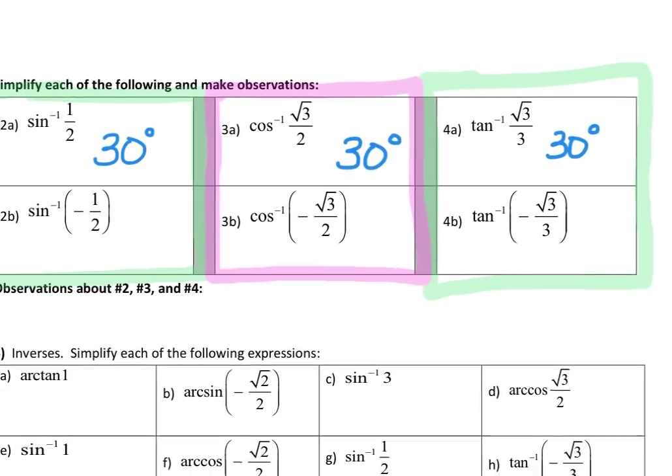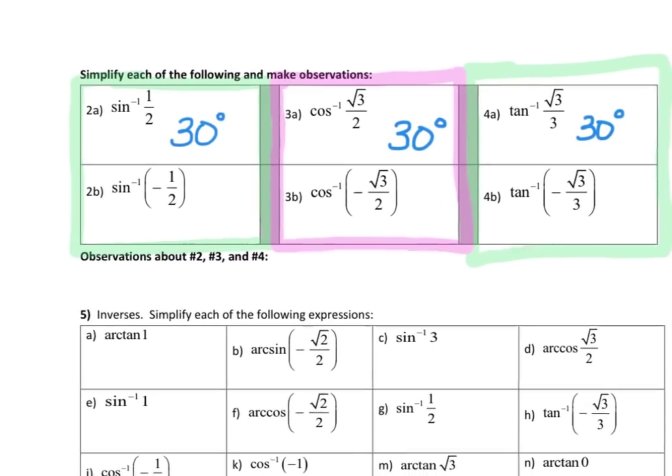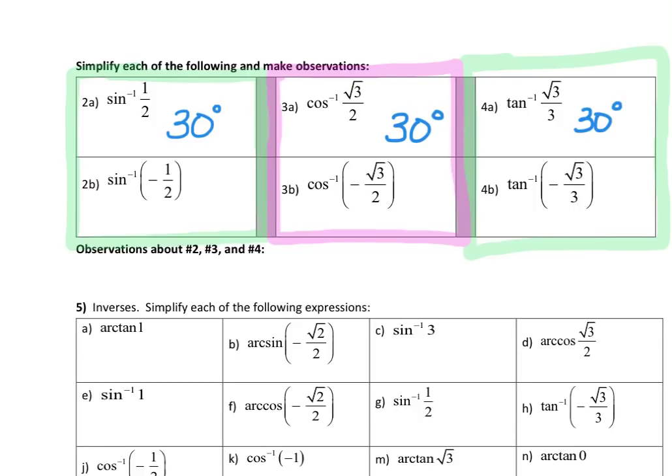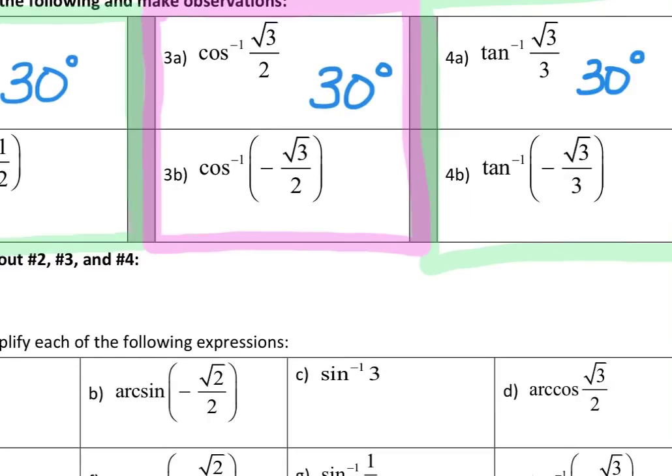All three of those positive inputs give you a first quadrant angle. But now when I look at negative inputs, the inverse sine of a negative input and the inverse tangent of a negative input both give you a fourth quadrant angle. But a negative input with cosine gives you a second quadrant angle.